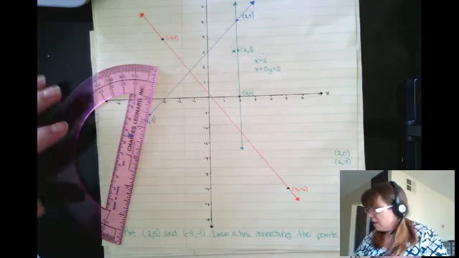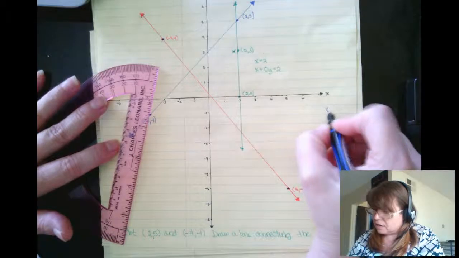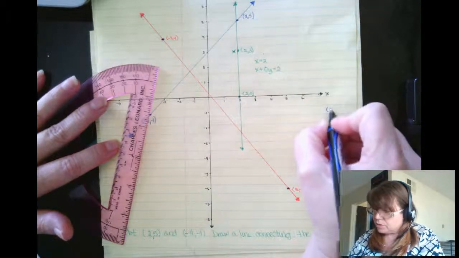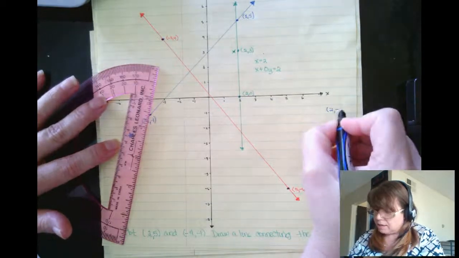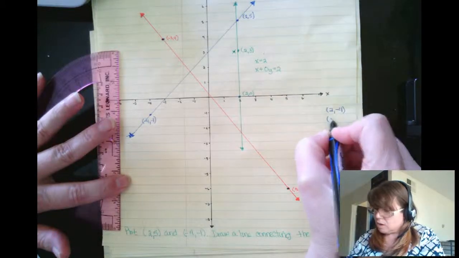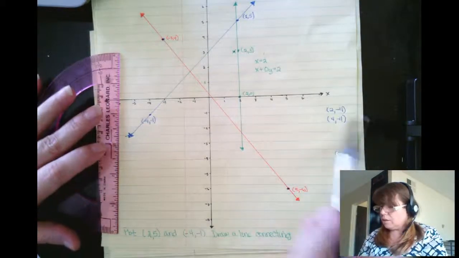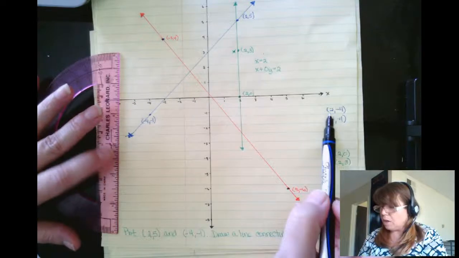Likewise, if I have a set of points and we'll say it is, I don't know, I like 2, so we'll do 2, -4 and 4, -4. Okay. Well, let's plot 2, -4.